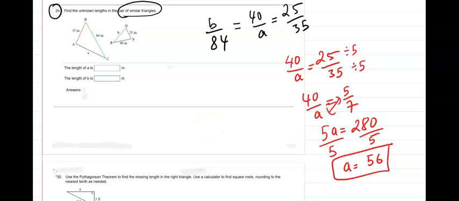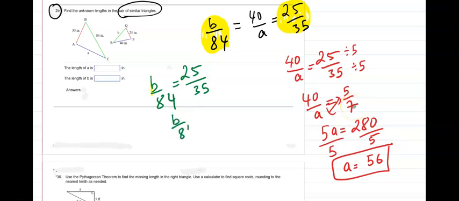Now to solve for B, you have to use the first ratio and the last ratio. So I'm going to do B over 84 equals 25 over 35. I can reduce 25 over 35 as before as 5 over 7. So B over 84 equals 5 over 7.